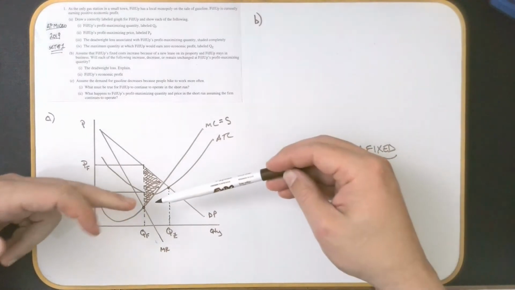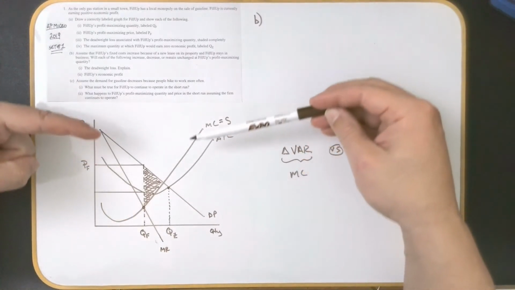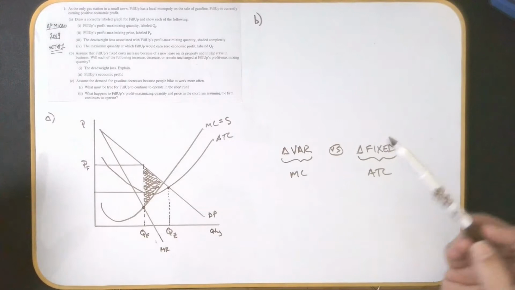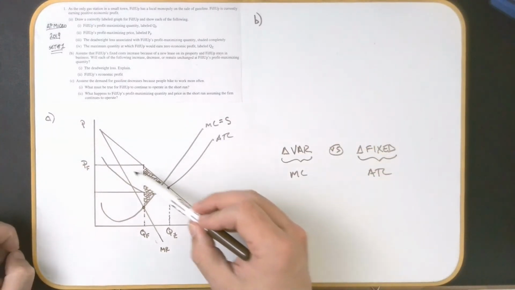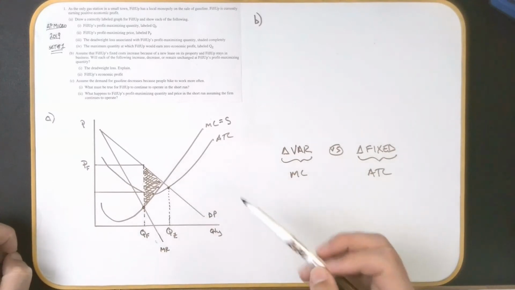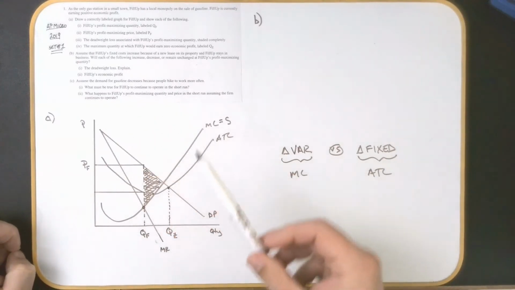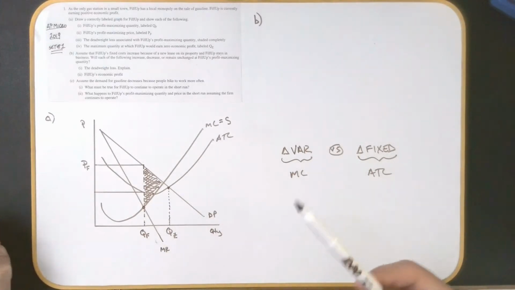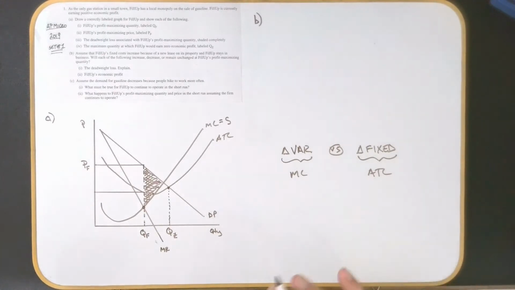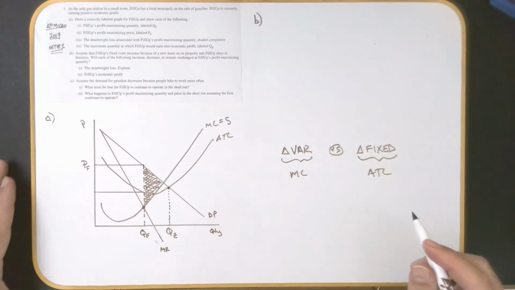That means, if you can imagine on this graph, my costs are going to go up. Nothing else changes. So if just my costs elevate, I'm going to eat away at my profit. I'm not going to be making as much money. But there was no change on demand. There was no change on my marginal revenue. There was no change on my marginal costs, because my marginal costs are not affected by fixed costs. They're in different categories, and that's what they're testing you on here.